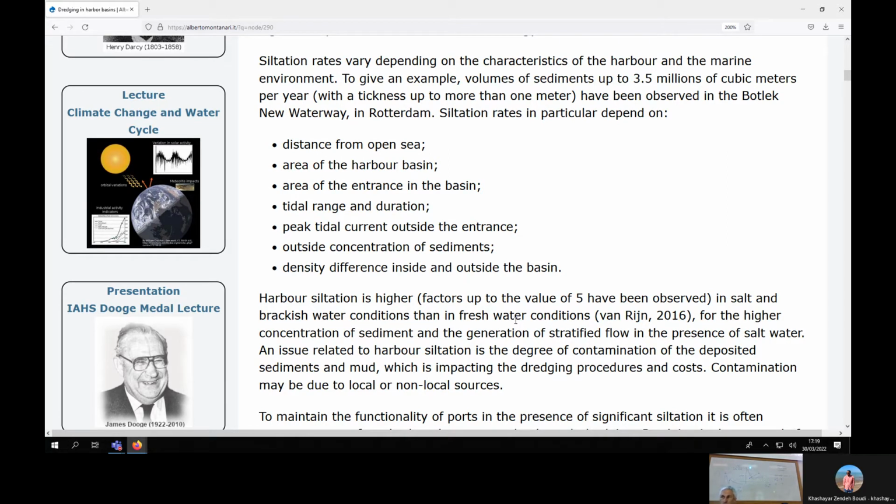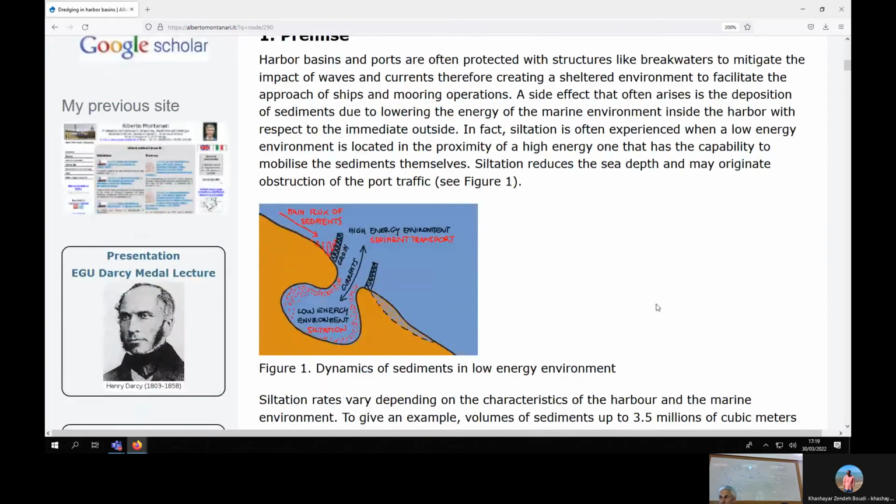Distance from open sea, the area of the harbor basin, the area of the entrance in the basin, tidal range and duration, and the peak tidal current outside the entrance, outside concentration of sediments, of course, and density difference inside and outside the basin, because keep in mind that sediments can also move by following the gradient, by diffusion.